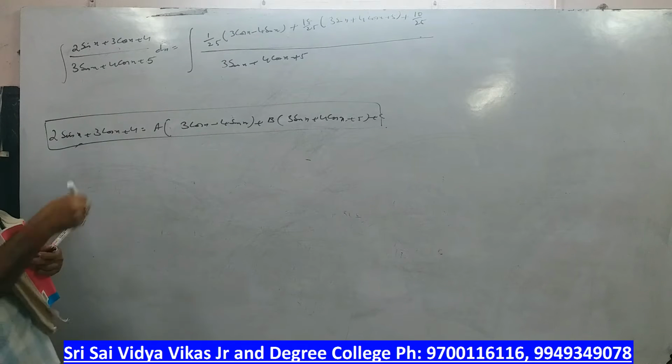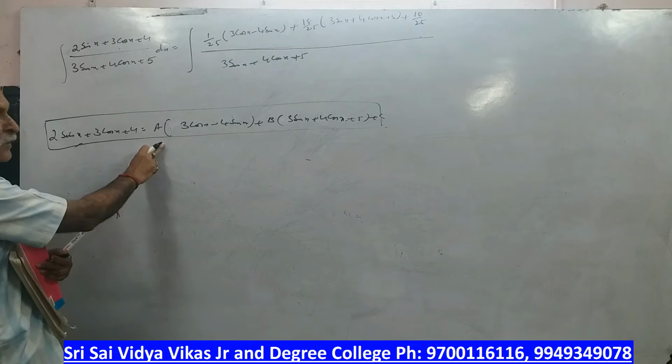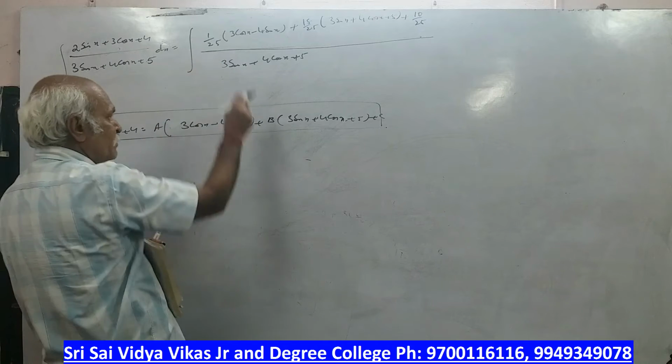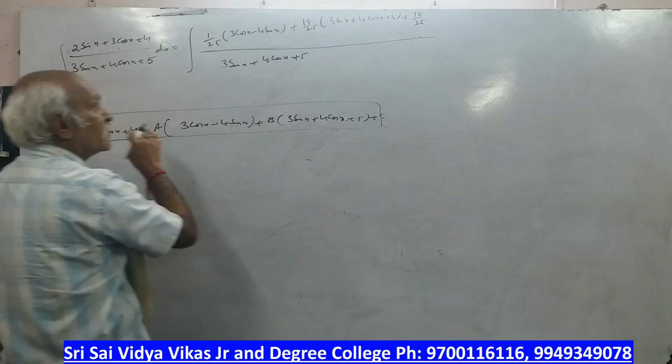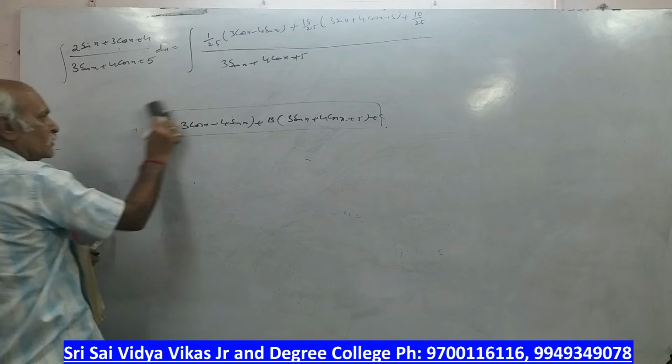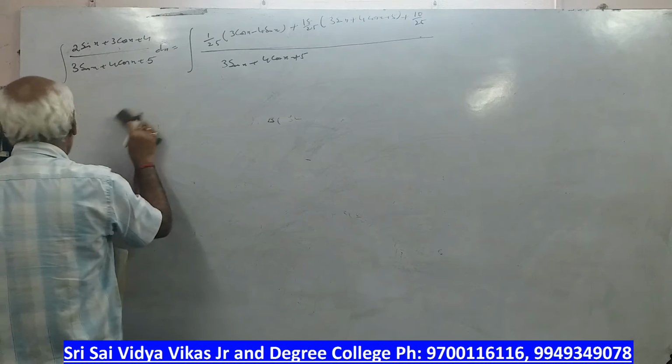Right, now we have to put the numerator, which I have put in a bracket. So a is 1 by 25, b is 18 by 25, c is 10 by 25. I am putting those values. Now separate them.